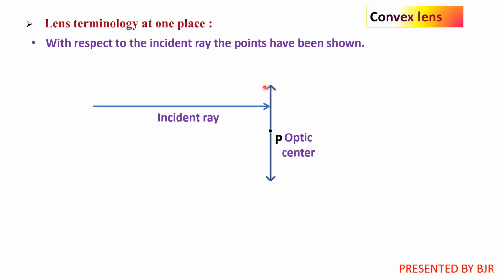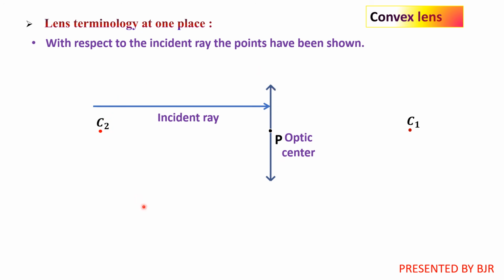When surface 1 is this side, as it is the convex lens, C1 will be this side and C2 will be this side. Okay? C1 is this side, C2 is this side. Suppose the incident ray comes from the right side like this and falls on the lens, at that time this surface will become the first surface, then C1 will be this side.